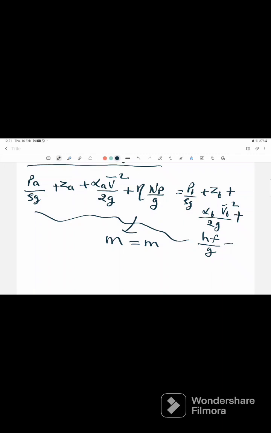So WP has a relation minus a shaft work minus, okay.